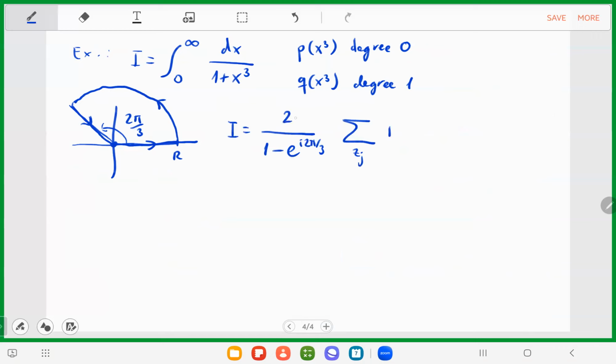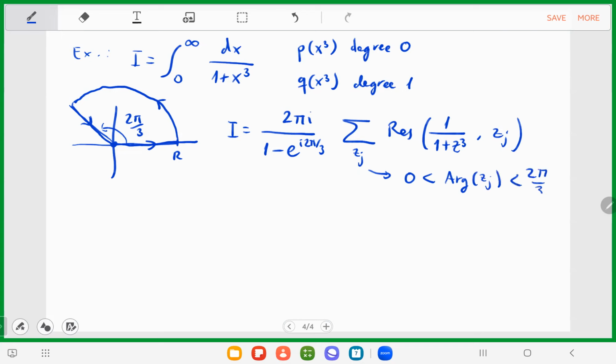It's very important to remember the 2 pi i. The residues of the function 1 divided by 1 plus z cubed, but only for the singularities inside the contour. So we need to have the principal argument of the singularity between 0 and 2 pi over 3.